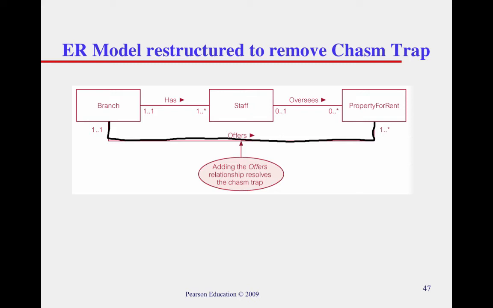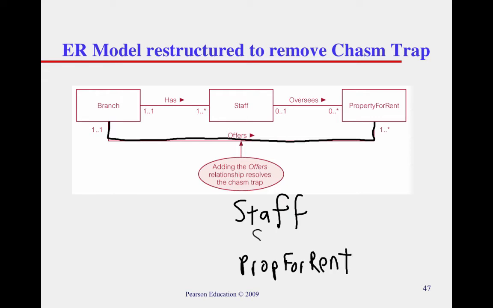basically it ensures there's equality between the staff and property for rent relations, that it would stipulate that the staff number and branch number in staff must equal the staff number and branch number in property for rent.